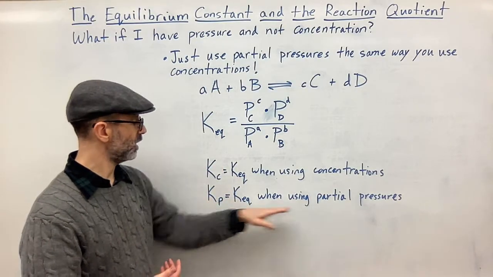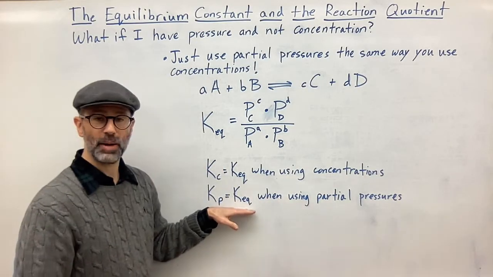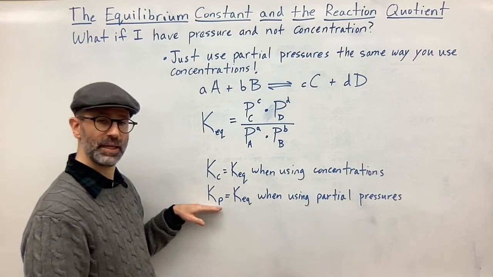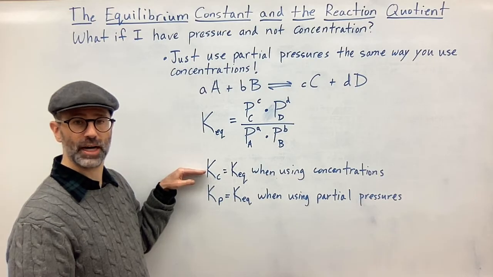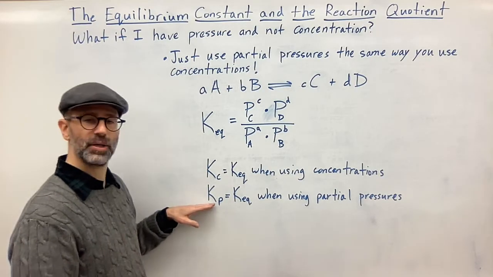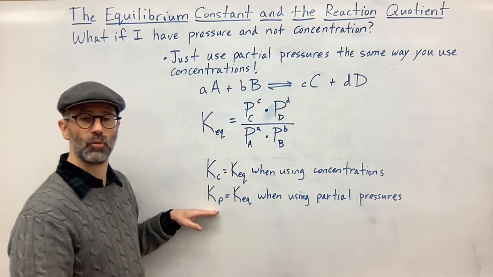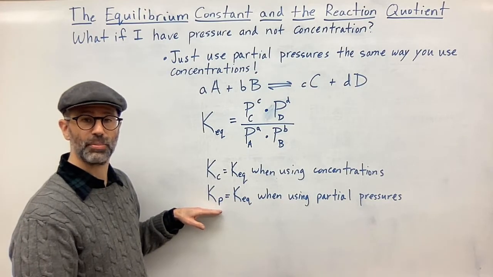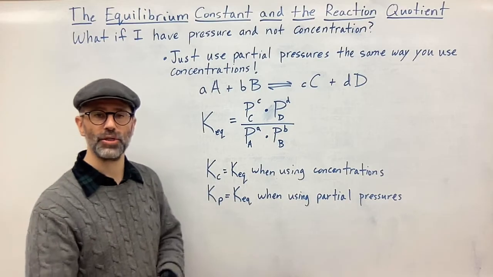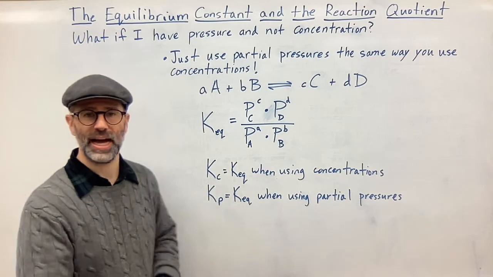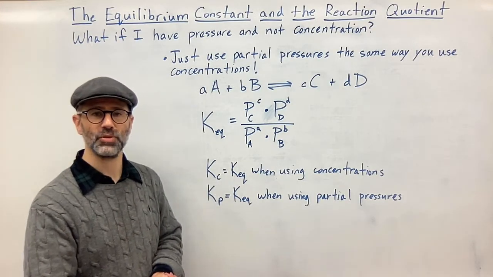So when we're using partial pressures, we might represent KEQ as KP. So KC is the equilibrium constant for concentrations, and KP is the equilibrium constant for when we are using pressures or partial pressures of our substances. So I just want to throw that in there just in case you see that symbolism as well.